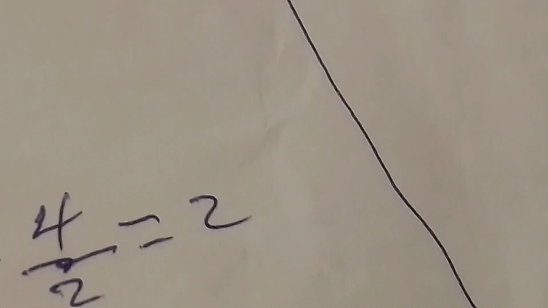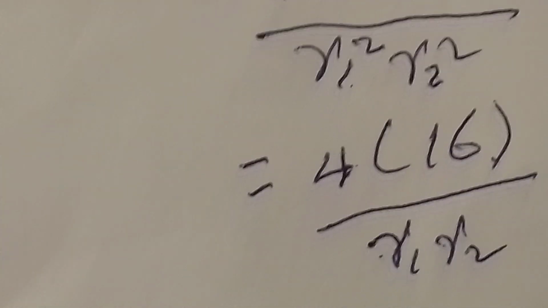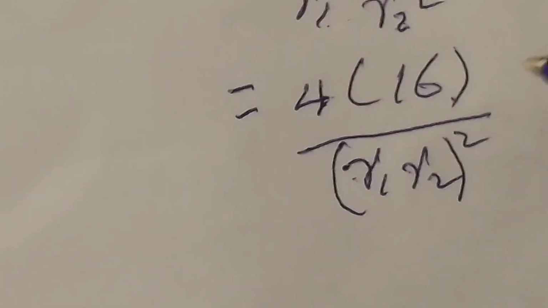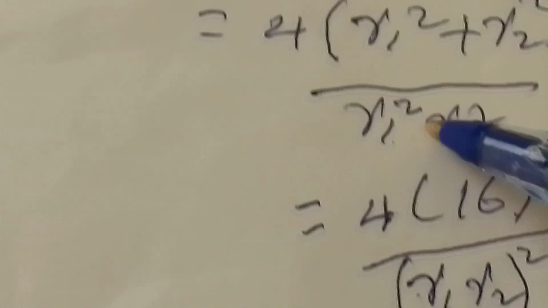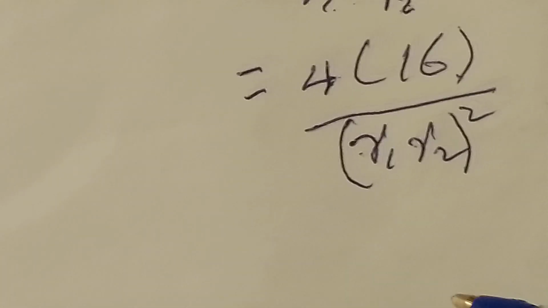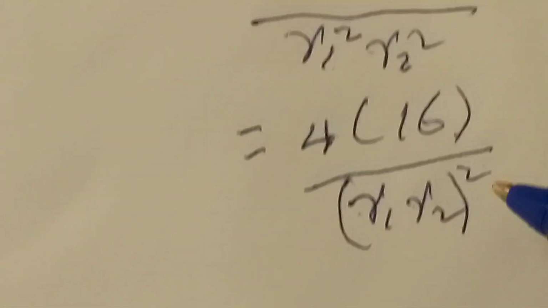You can write r1 square r2 square as r1 r2 the whole square.